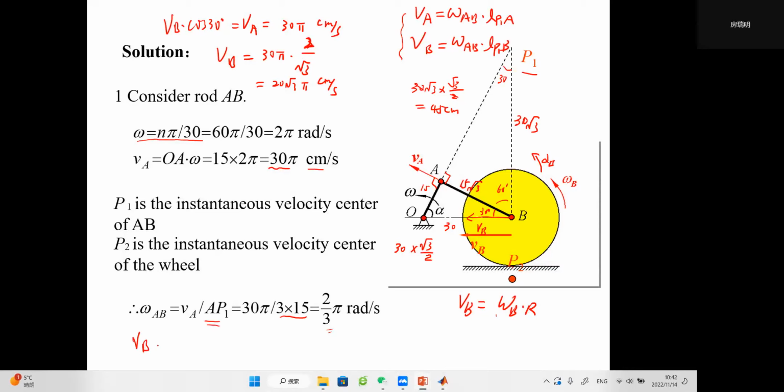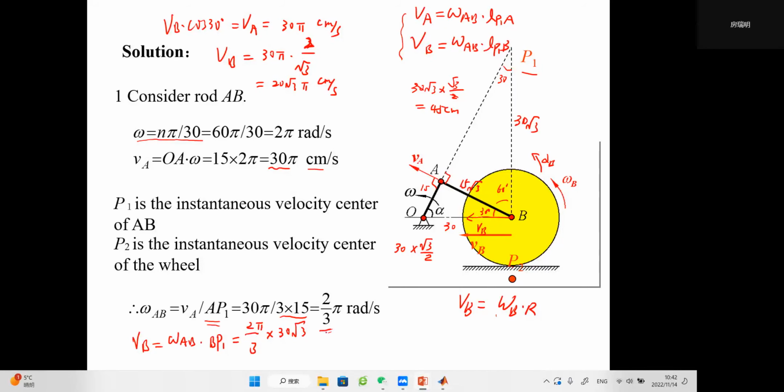VB also equals omega AB times BP1, where we know omega AB is 2 pi over 3, times BP1 which we give here. So this is 30 square root 3.